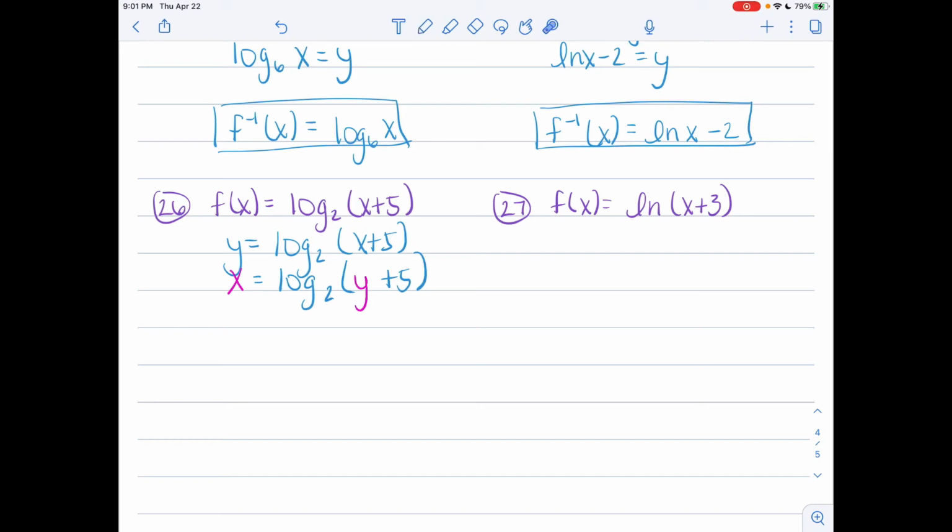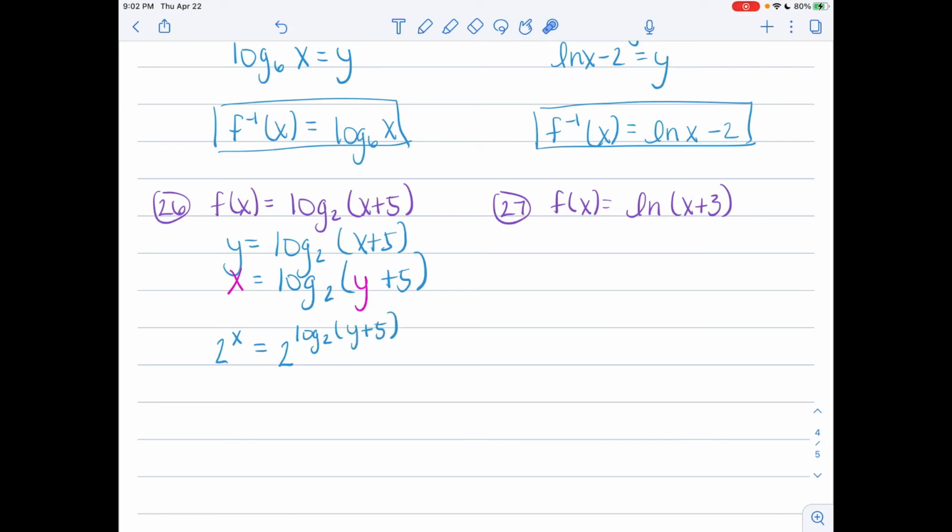Okay, I want to get rid of a log base 2. The inverse of a log base 2 is an exponent with a base of 2. So I'm basically going to create a base of 2 and make each side the exponent for that base. So I'm going to say 2 raised to the x power is equal to 2 raised to the log base 2 of y plus 5.